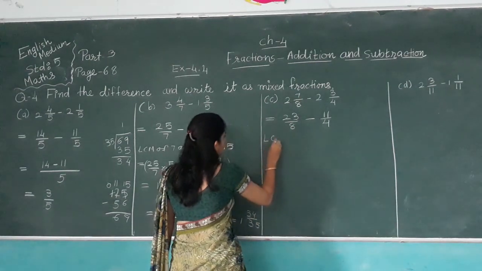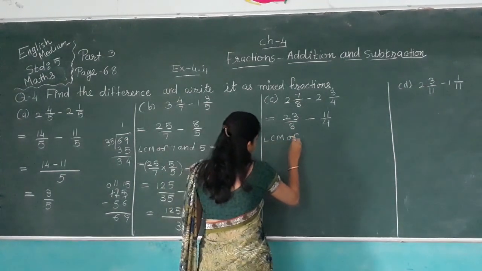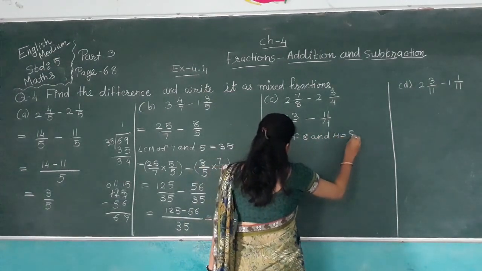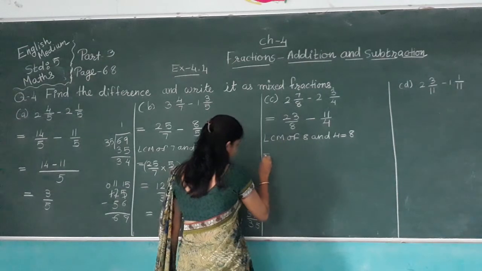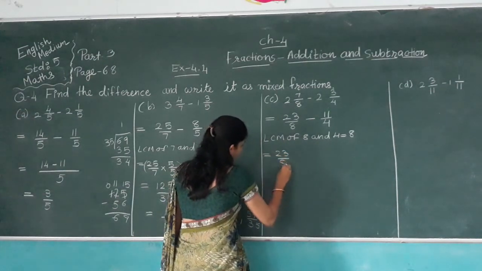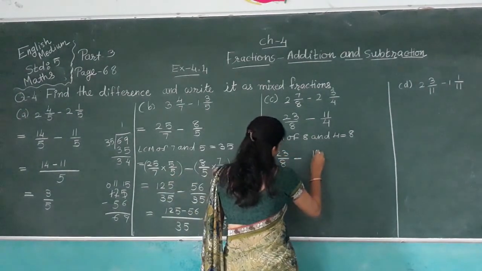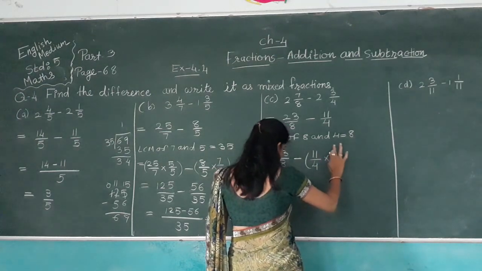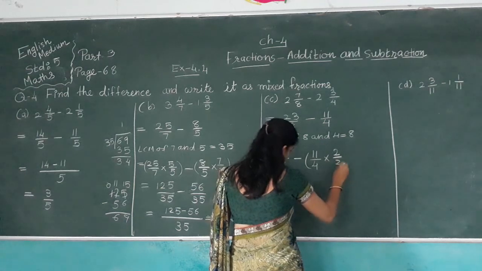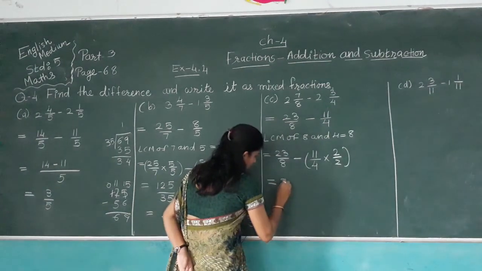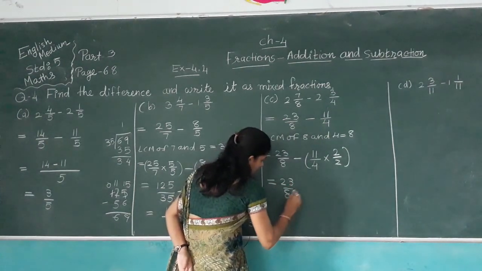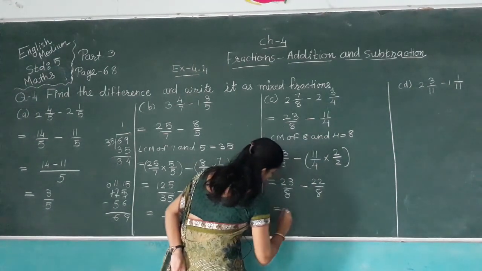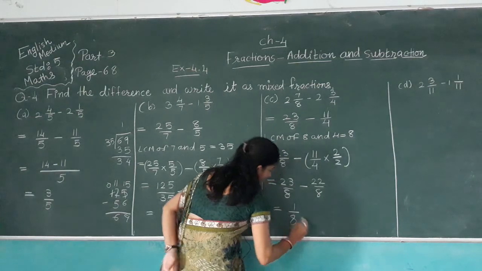Here LCM of 8 and 4 is equal to 8. 23 out of 8. 11 out of 4 multiplied by 2 out of 2 gives 22 out of 8. 23 out of 8 minus 22 out of 8, we get the answer 1 out of 8.